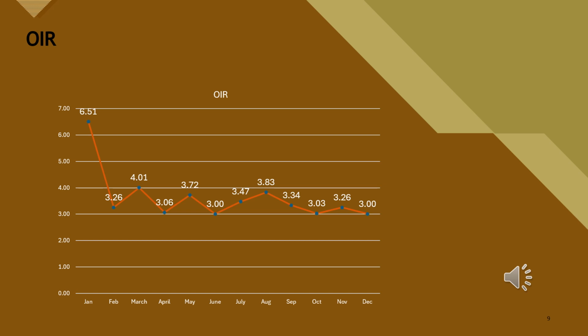Your goal is to stay out of red. Most companies in red are fundamentally wrong. They need some serious changes to the way that they do things. And as seen in this graph, January had the highest OIR rate of 6.51. That is in the red.